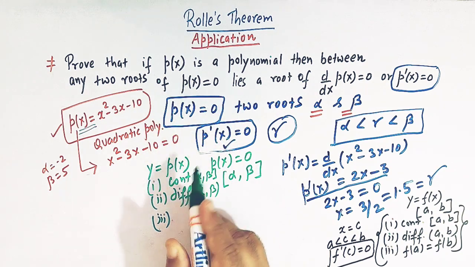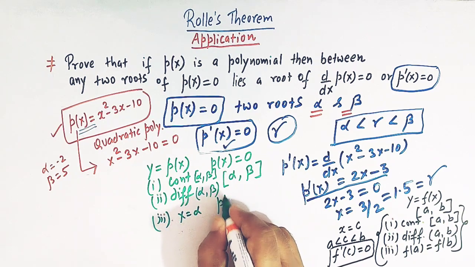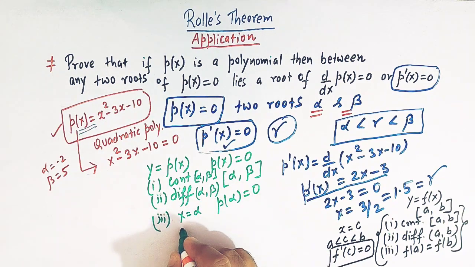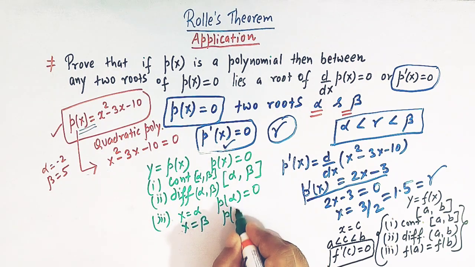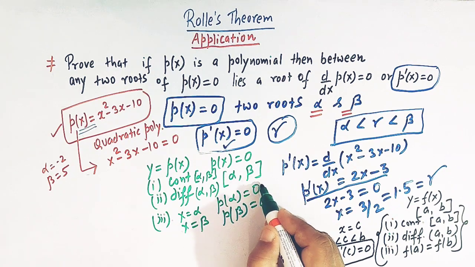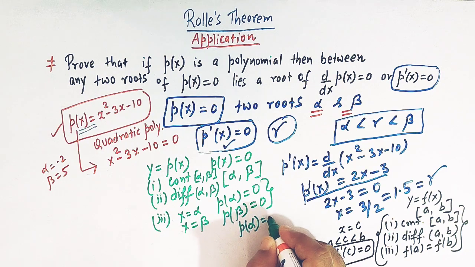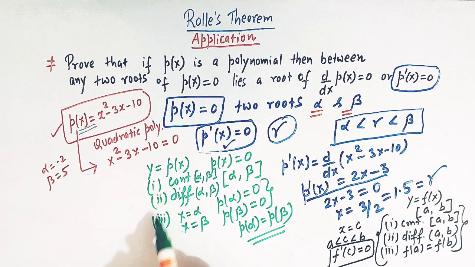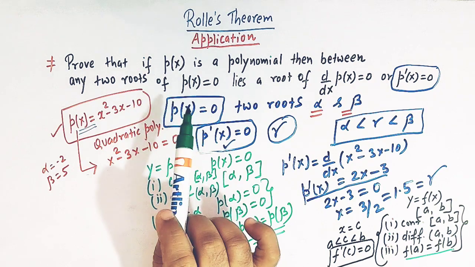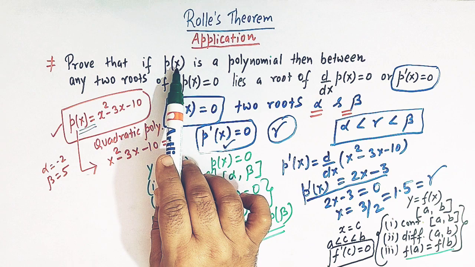So taking x is equal to alpha, we get p of alpha is equal to 0, and taking x is equal to beta, we have p of beta is equal to 0. From these two equations, we can see that p of alpha is equal to p of beta. So all the three conditions of Rolle's theorem are satisfied by this polynomial function p of x.